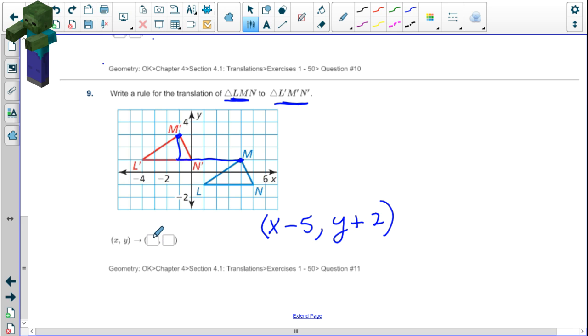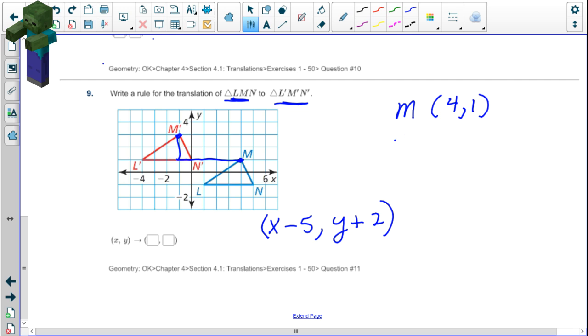So in this first blank, you would type in x minus 5, and in the second one, you're going to type in y plus 2. Okay? Now, the other way you could think of it is if we look at the coordinates. The coordinate of M is 1, 2, 3, 4, and then up 1.